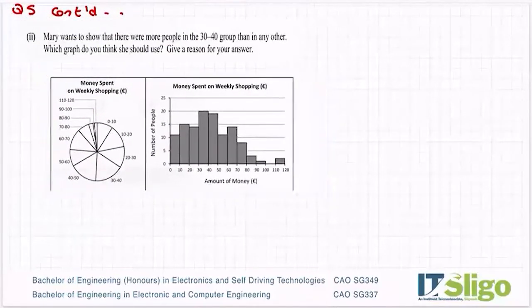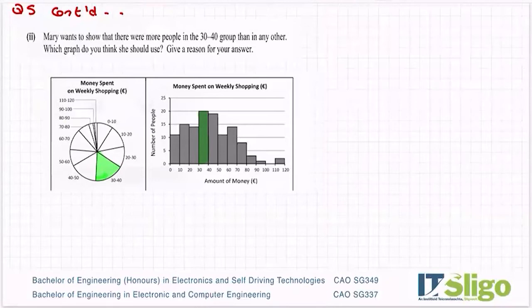Okay, Mary wants to show that there are more people in the 30 to 40, okay, 30 to 40 is here, than in any other group. Okay, or 30 to 40 is here. Right, which graph do you think she should use?